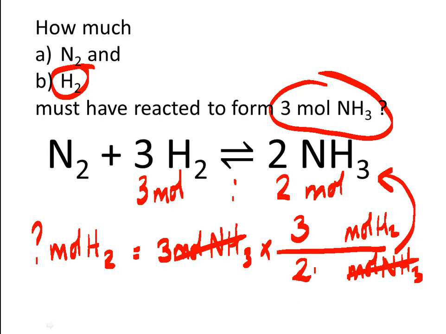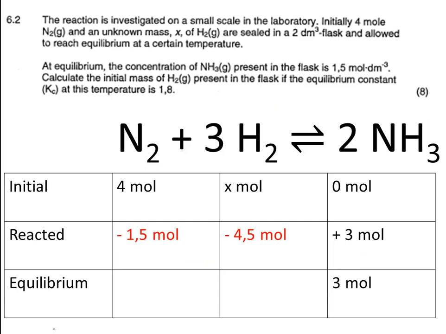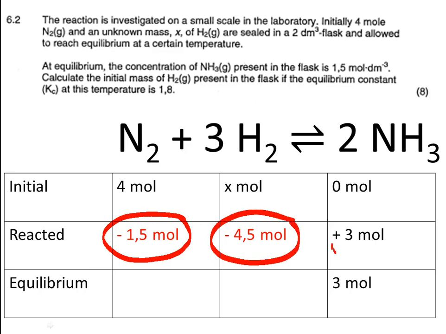So therefore, if it's rather 3 moles of ammonia that are needed to be produced, we need 3 times 3 divided by 2, which is 9 divided by 2, 4,5 moles of hydrogen to react. So we put that information into our table. We know that it must have been 1,5 moles of nitrogen that reacted with 4,5 moles of hydrogen in order for us to produce 3 moles of ammonia.